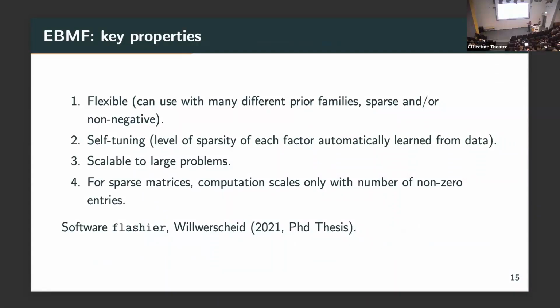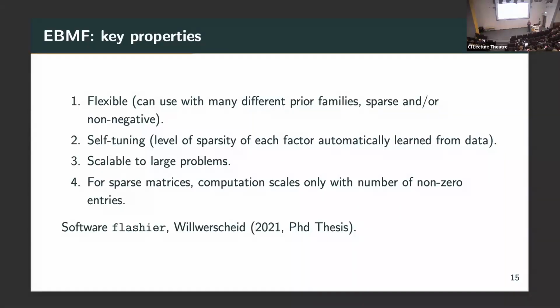So to summarize the contributions, or why I like this framework, it's flexible. You can use it with lots of different prior families. It's self-tuning. That's the empirical Bayes part. So if you try to fit a sparsity penalty, say by lasso, on these models, you have to tune the penalty that you're going to use, and that's tricky.